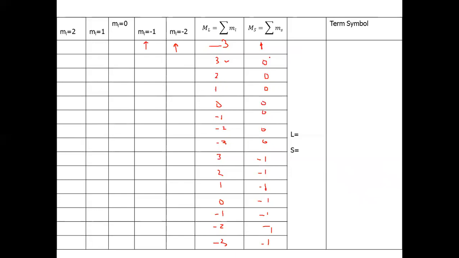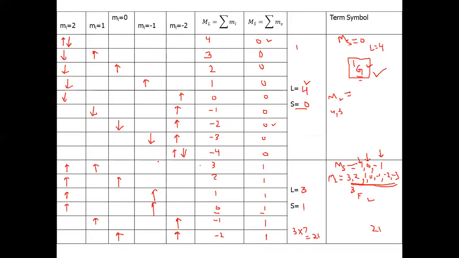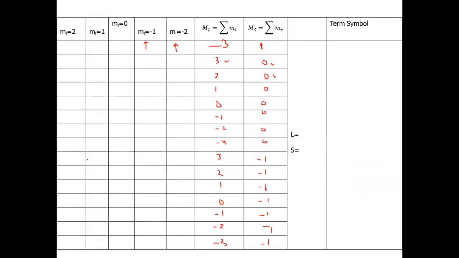Now we have to calculate again the same 3, 2, 1, 0, minus 1, minus 2, minus 3, but now we need MS as 0. That means now we will write the 7 microstates in which these two electrons will be with opposite spin so that we can get MS equal to 0. And to get 3, 2, 1, 0, minus 1, minus 2, minus 3 we will apply the same things. We will start from here, ml 2 and ml 1.